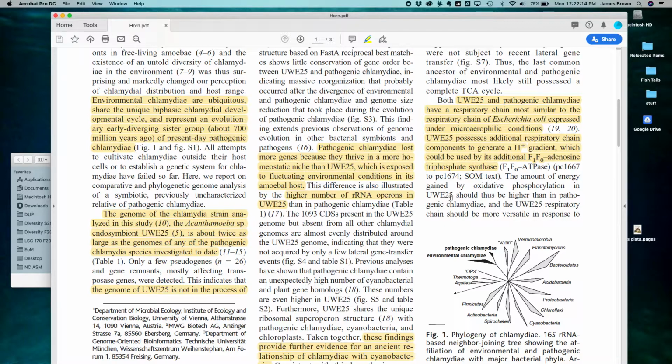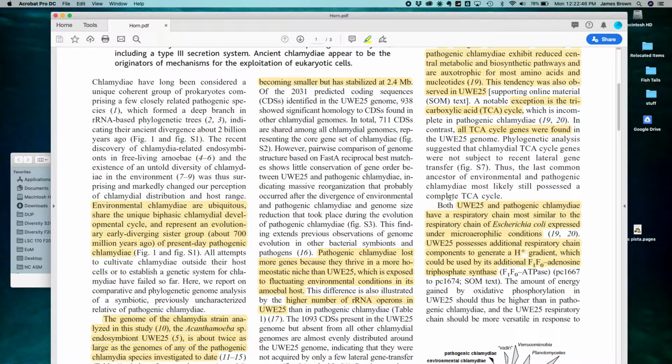These organisms are interesting because although they are obligate parasites, they are not as far down the road of reductive evolution as the plant and animal pathogens are. And the reason for this is unclear. But they start right off by saying that the genome of this thing is about twice the size of the genome of Chlamydia psittaci or Chlamydia pneumoniae or Chlamydophila, etc. They also show that this genome is stable.